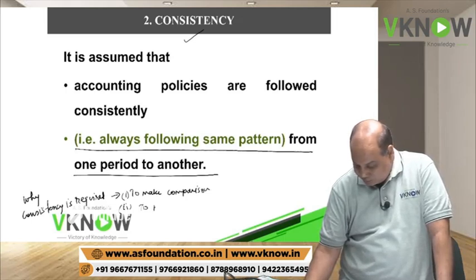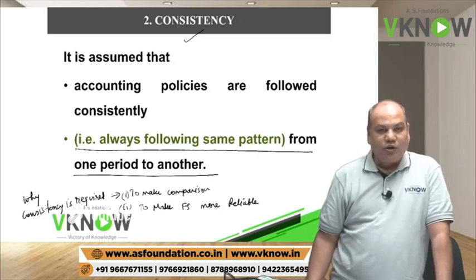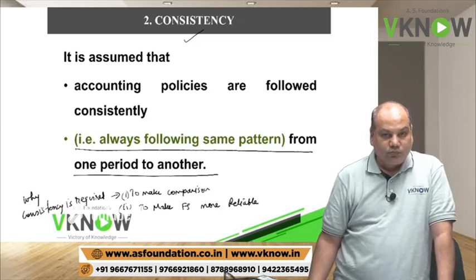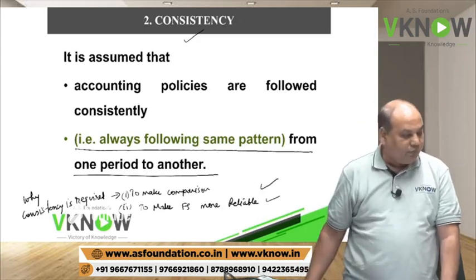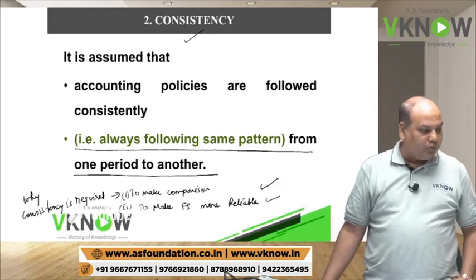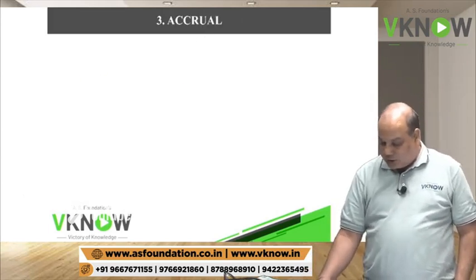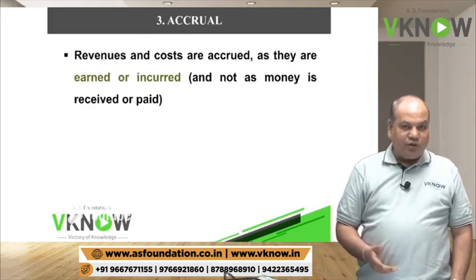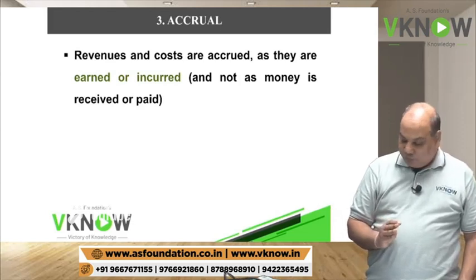And two, to make financial statements more reliable. These are the two important reasons that we need to follow accounting policies consistently, year after year. Can we change the accounting policy? Yes, but that we'll discuss later.